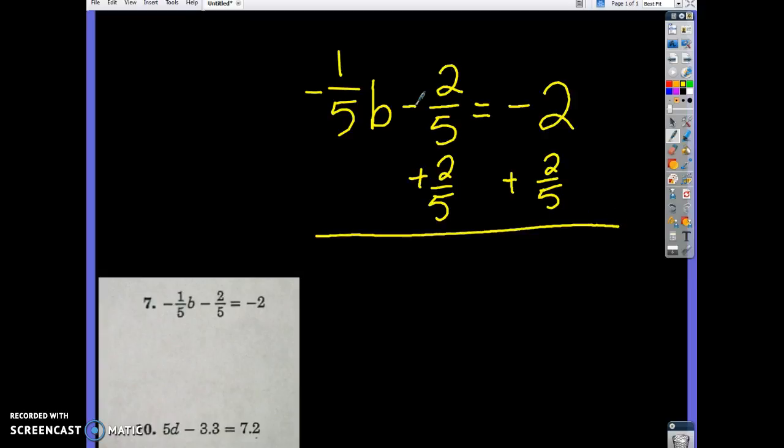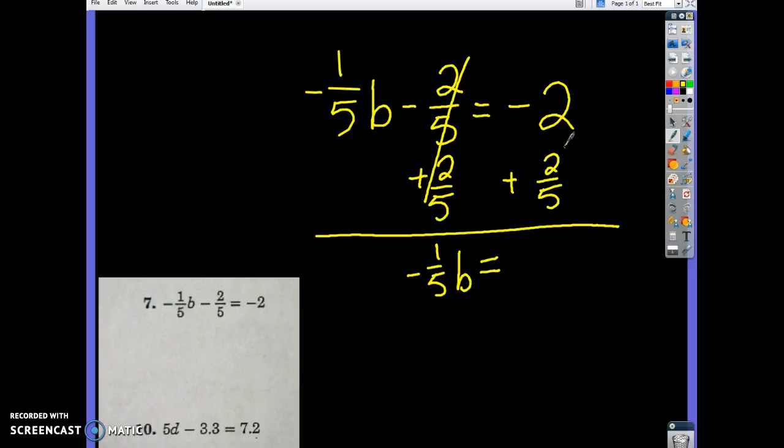Over here, my negative 2/5 and my positive 2/5 cancel, leaving this by itself here. So I'm going to bring my equal sign straight down. Negative 1/5 b equals whatever negative 2 plus 2/5 is.